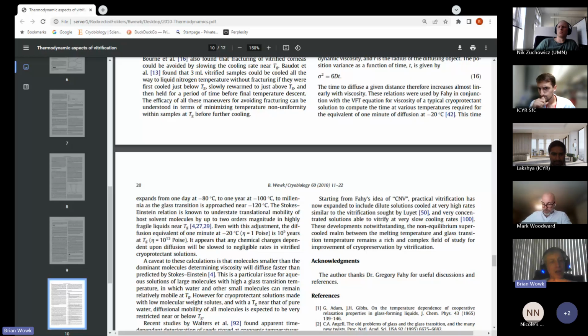If your solution consists of a combination of water and high molecular weight things, and the high molecular weight things are creating most of the viscosity, the water molecules themselves are actually going to be more mobile than the VFT Stokes-Einstein formalism predicts, because the viscosity is a global property that includes both water and the polymers.